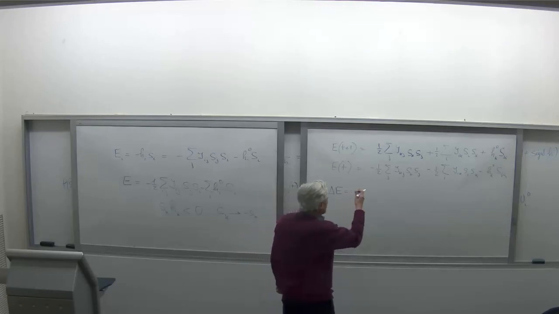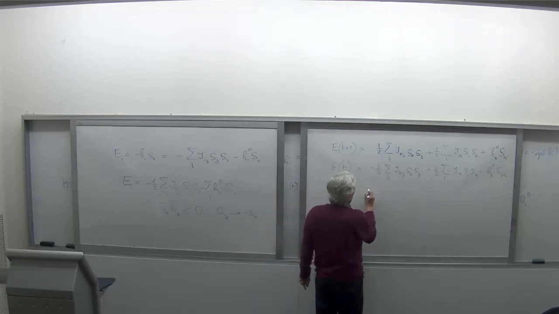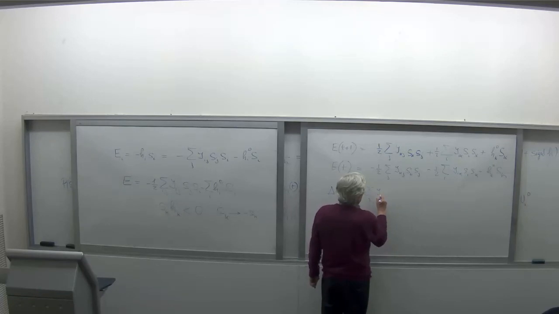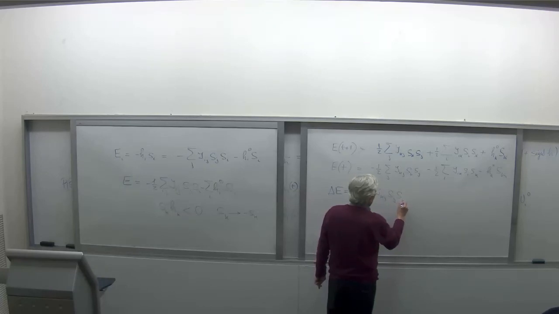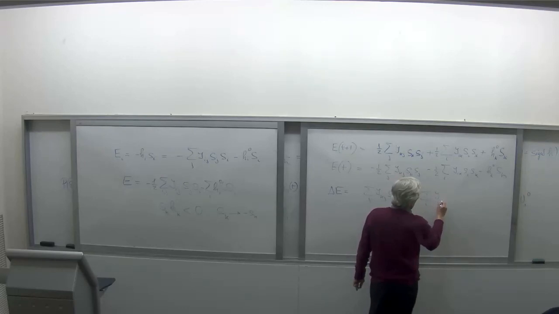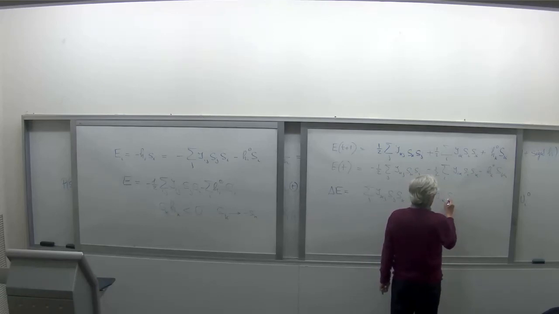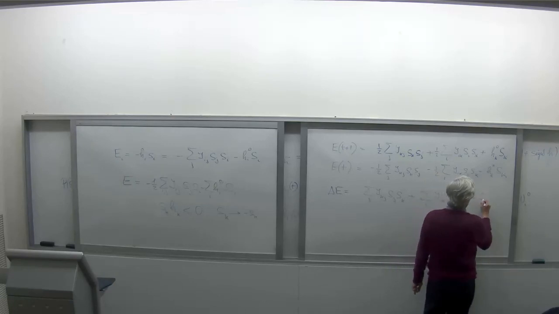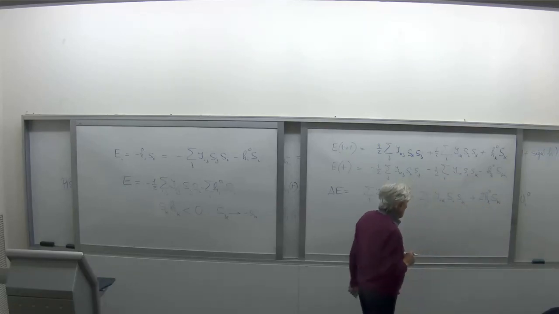What I am left with is this minus this, which is sum over j, J_jk, s_j, s_k, plus sum over i, J_ik, s_i, s_k, plus 2 h_k^0 s_k.